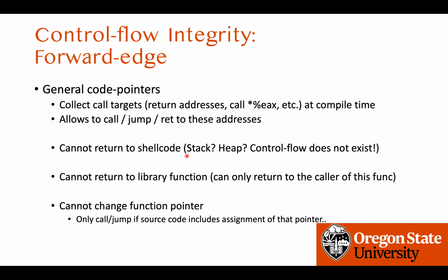And for the forward edge protection of control flow integrity, whenever we have an indirect call, for example, a call instruction to a register or some data value, such as call EAX, we need to protect this kind of call transition. We actually see this kind of instruction in the PLT and GOT.